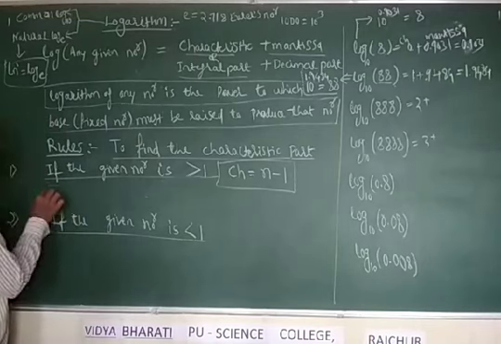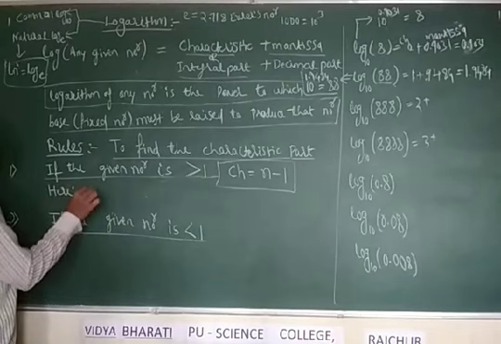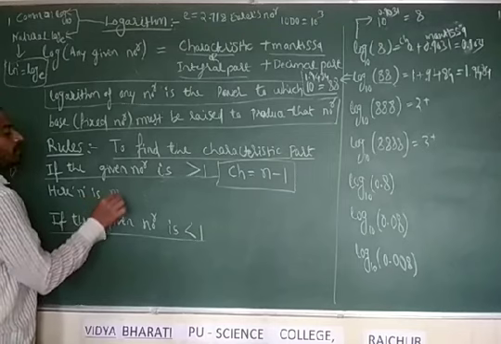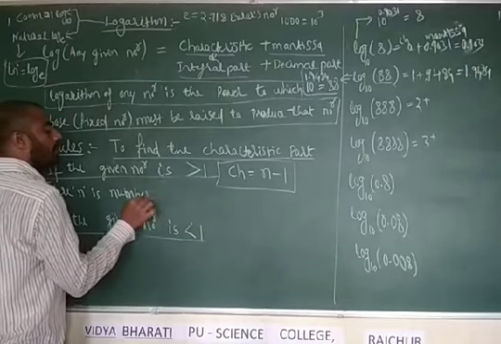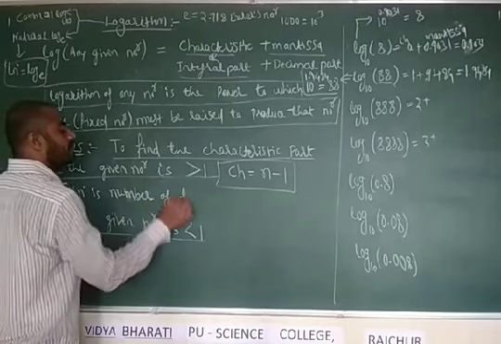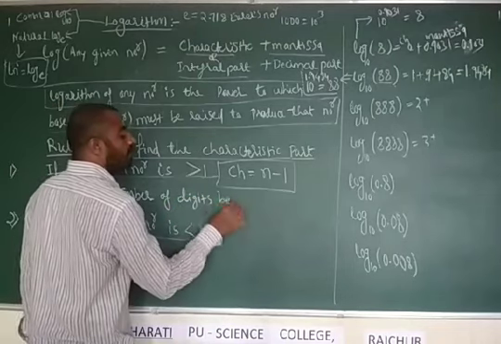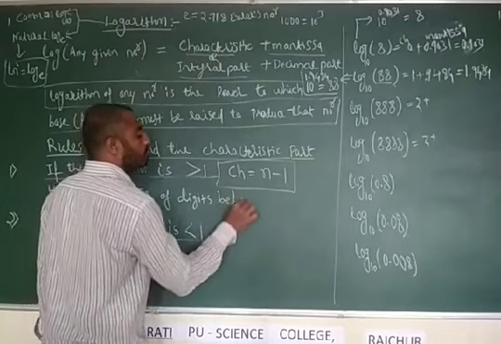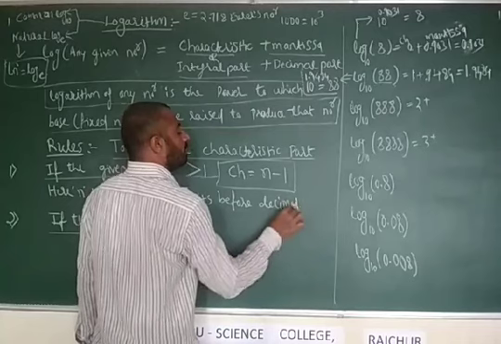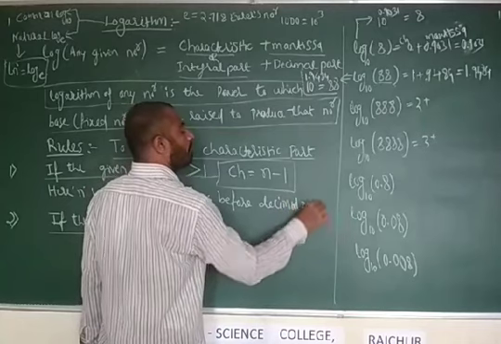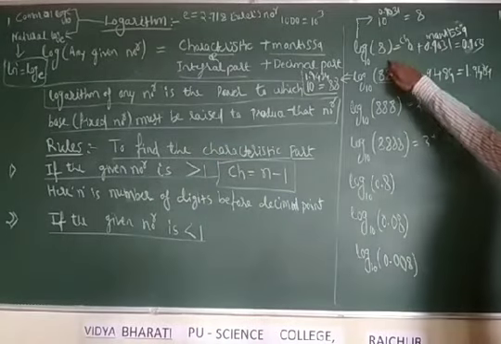Here n is the number of digits before the decimal point. Now you apply this formula to find the characteristic of this number.